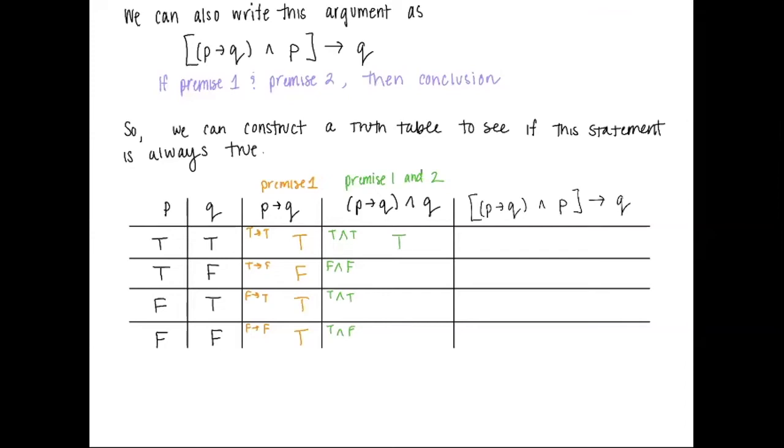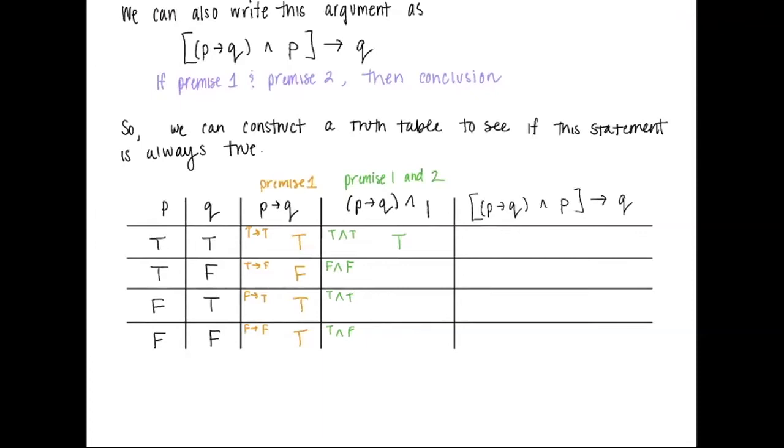Oh, that's why I put the wrong thing here. I'm like, that doesn't make sense. I want to put P. Premise 2 is we go to the movies, not I buy popcorn. So I got to put my right truth values of P, which are true, true, false, false. Okay. So premise 1 and premise 2 is true in the first position, but in all of these other places, it's false.